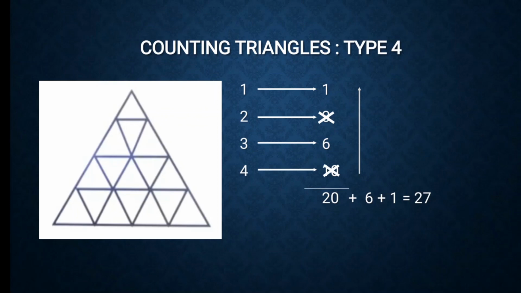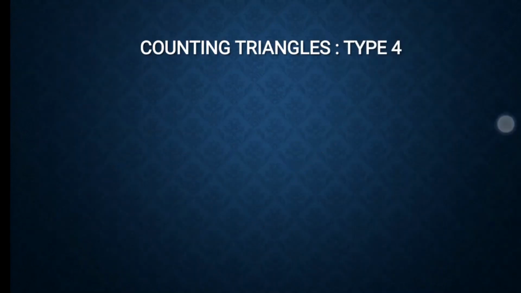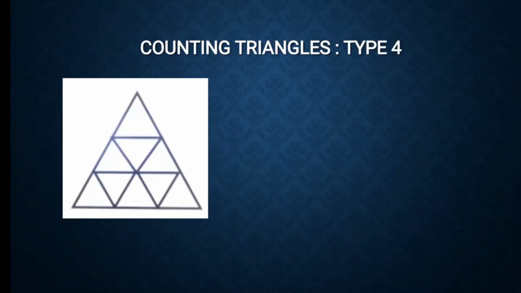Now if you have any problem, you can repeat the process, or I can take the same question and explain the same trick with the previous question. For this question, the total number of triangles is 27. Now again I am taking the previous figure. Here if I follow the trick, I'll write the numbers 1 2 and 3, because how many partitions are there in this figure?